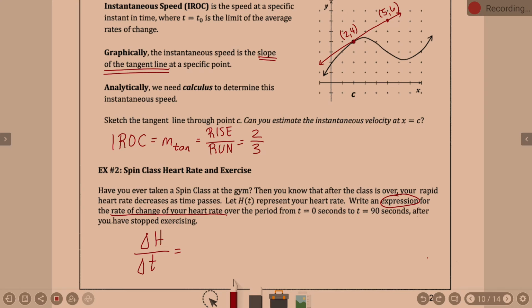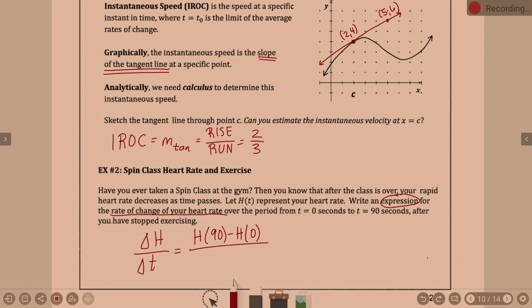It's the delta H, change in H. So you've got to go H of 0 and H of 90, because if we're trying to do the change over a time period, I omitted that because I thought 0 didn't count. Oh, no. Never assume that 0 doesn't count, because you're going from 0 to 90.